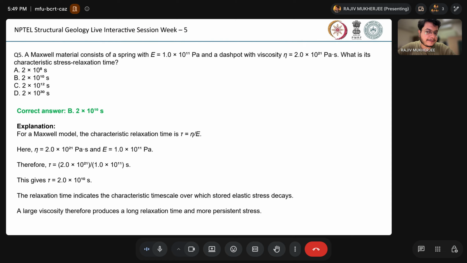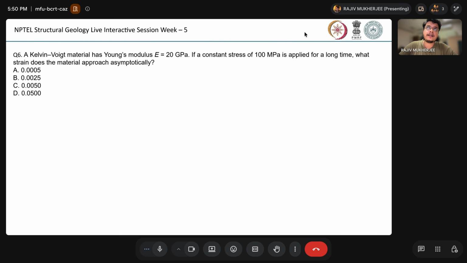If you take the effective ratio between the viscosity and the elastic modulus, it would generally indicate that the relaxation time would be higher for any material having such high elastic constants, right? Okay, so now moving on to the next question.